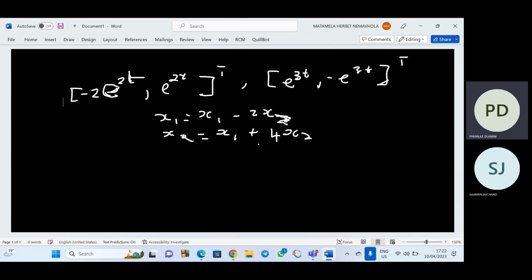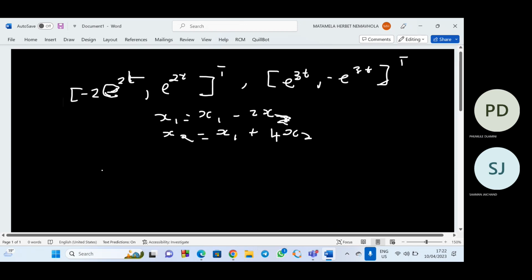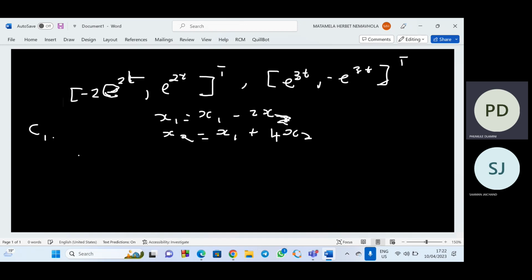Now when we solve this, we're going to apply Theorem 1.4, the superposition principle. When we apply Theorem 1.4, we are going to put in constants, which we name C1 and C2.